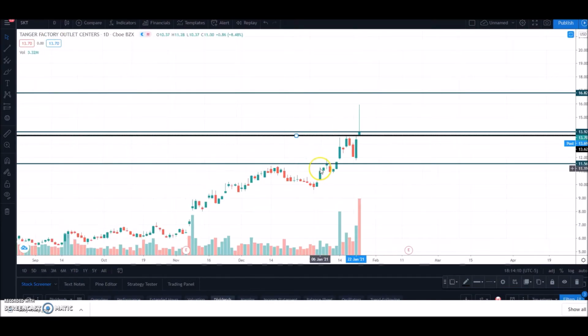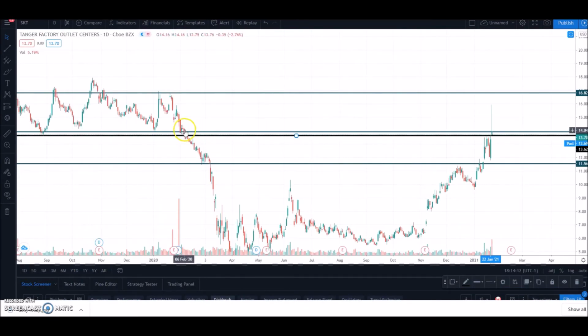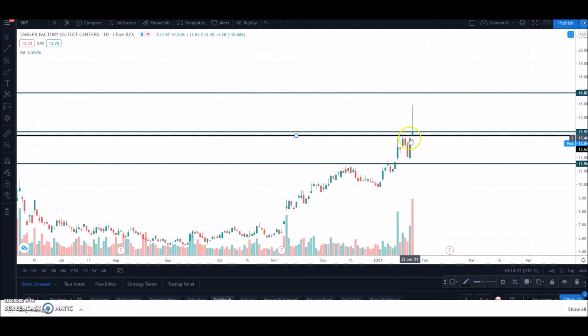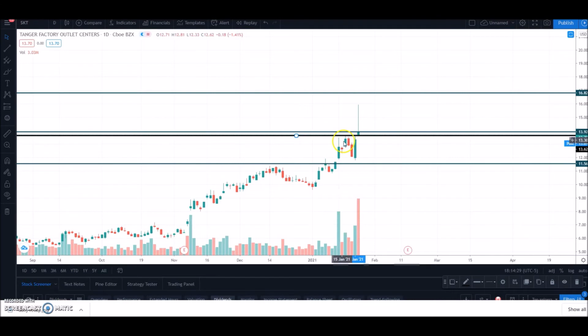So what I'm looking at here is a big U-shaped recovery, where the black line was the support. This candle is a 2-day daily candle, and I did not make the video yesterday because I was busy with something else. But you can see that today that stock broke that particular resistance and it ran up and it came down.